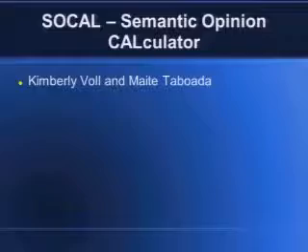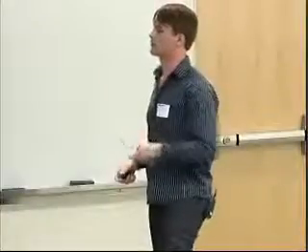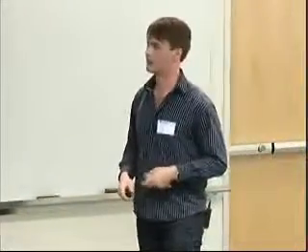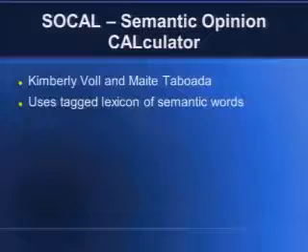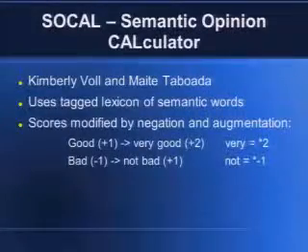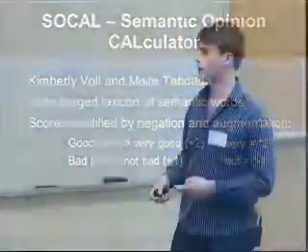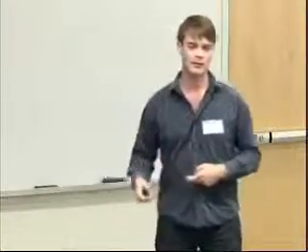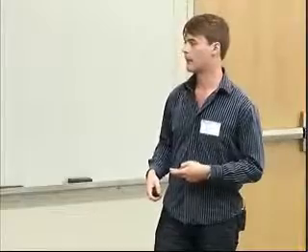So to do this scoring, we used SO-CAL, which was a system developed at SFU by Kimberly Voll and Maite Taboada. It uses a tagged lexicon of semantic words, and these are modified by linguistic traits such as negation and augmentation. So good might be in the lexicon with a score of +1, and very good would make it a +2. And bad would be -1, not bad becomes +1.